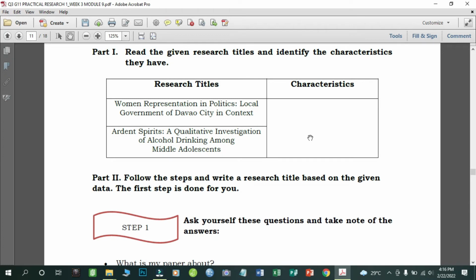I hope you get the process of making a research title in your study, in your group. Again, make sure you have wide reading about your topic so that you will not have a hard time in doing this activity. So good luck to your activity.